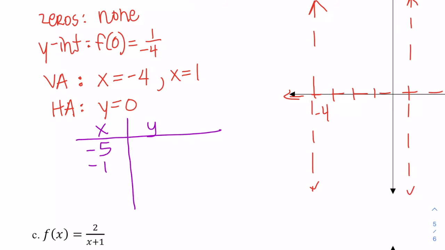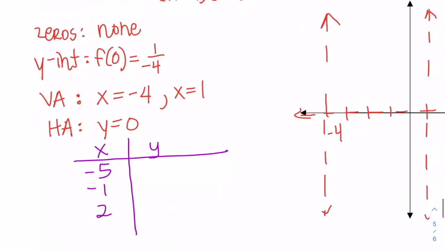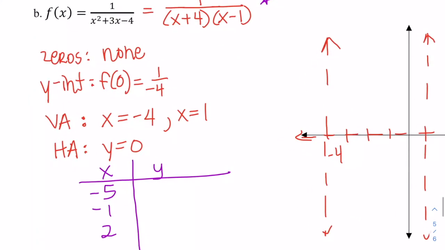And then we have 2, because that other y-intercept was 1. Okay, so when I plug in negative 5, it's kind of easier to plug into the factored form. So that's going to be 1 over negative 1 times negative 6. So that's going to be positive 1/6. So that's going to go like that.